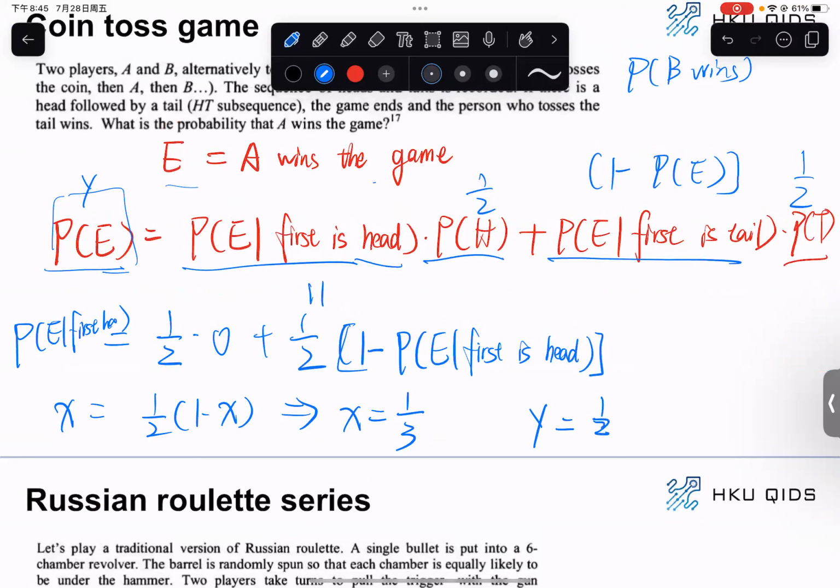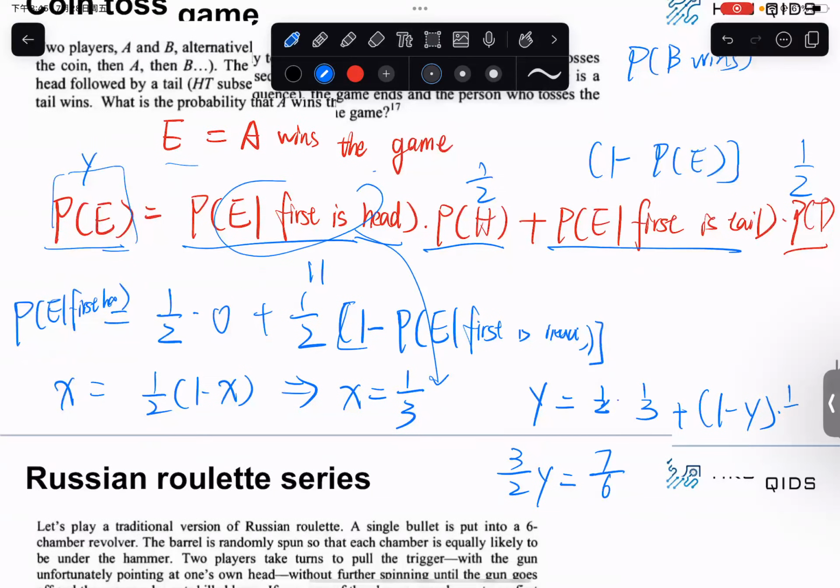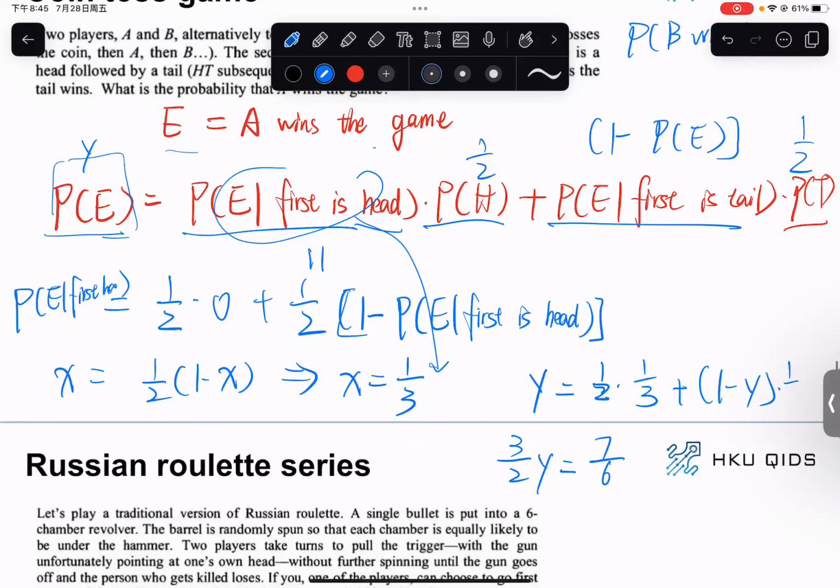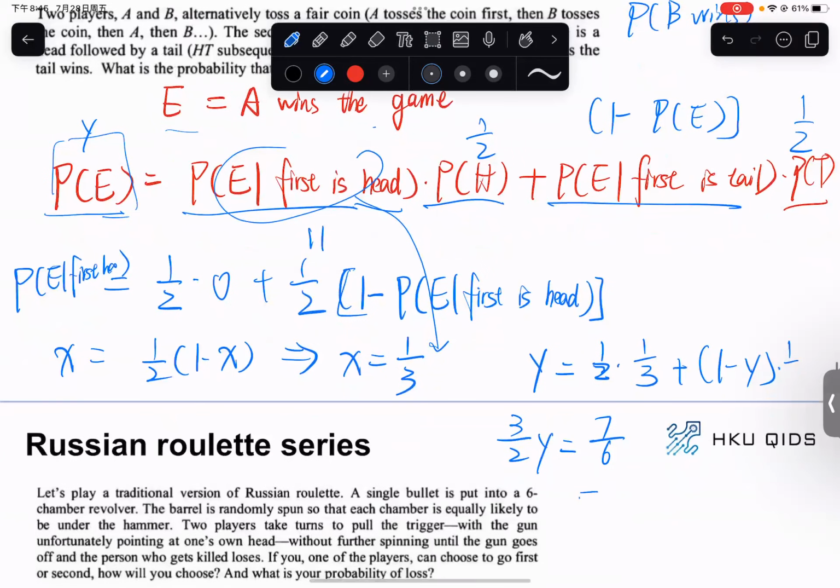1/2 multiplied by 1/3, which is solved here, plus this we know is 1 minus Y multiplied by 1/2. And if you solve this one, you can get that 3/2 Y is going to be 7/6, and Y will equal 4/9.